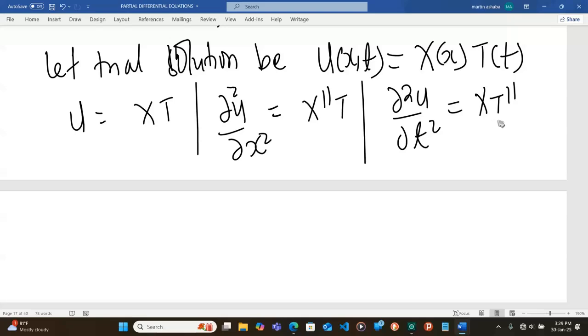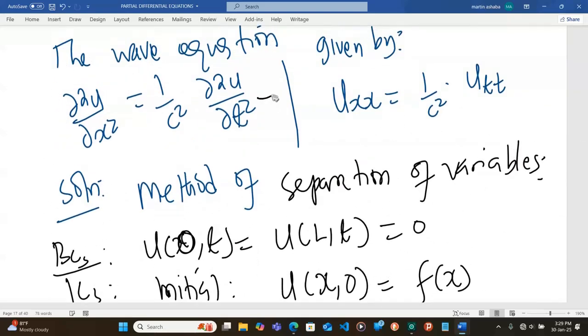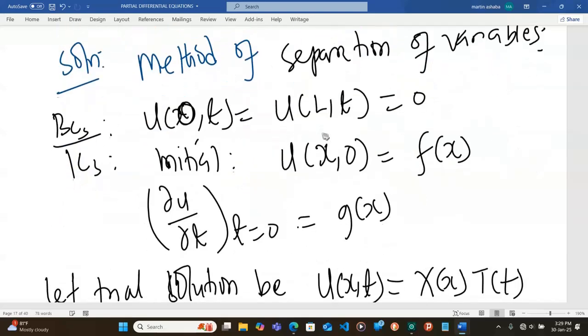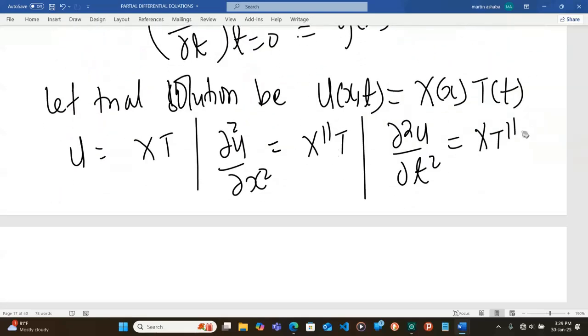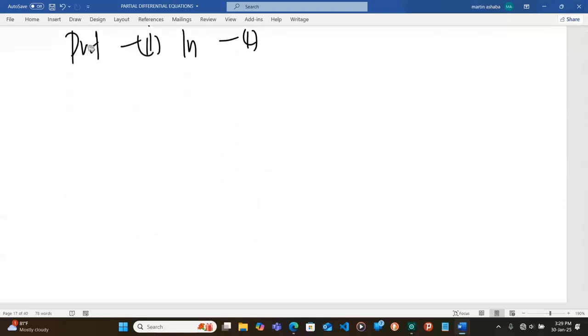So when we substitute this in this equation, if I call this equation 1, and I call these ones 2, I'm going to put 2 in 1. So when I put 2 in 1, I will have X double prime T equal to 1 over c squared, then X T double prime.